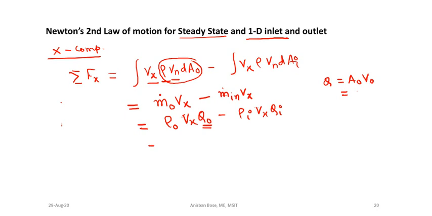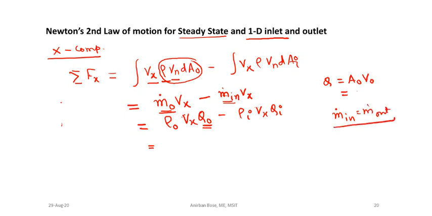Okay, so for 1D, basically m dot out and m dot in, these two quantities for a steady flow, if you see again the conservation of mass for the steady flow, and if it is 1D, then m dot in is basically equal to m dot out.